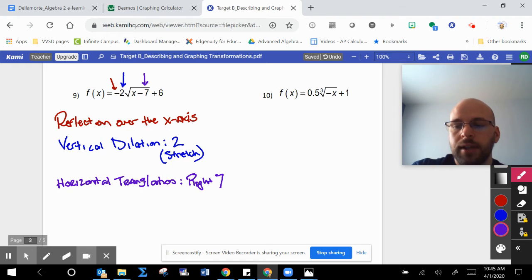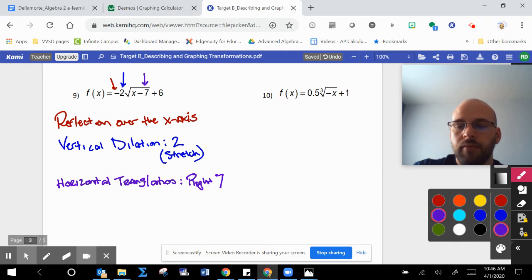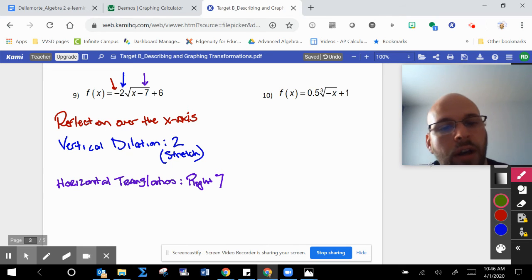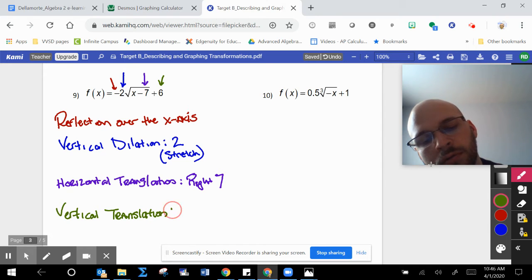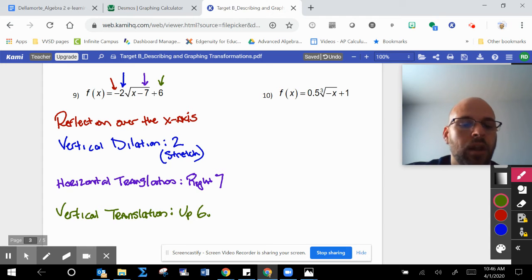And then last but not least, we'll use green here. I have this plus 6, which would be a vertical translation, and that would go up 6. Okay. So that's question number 9.